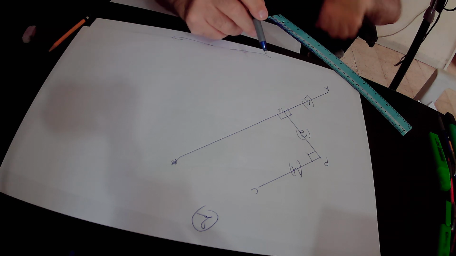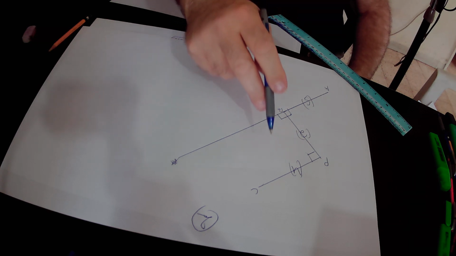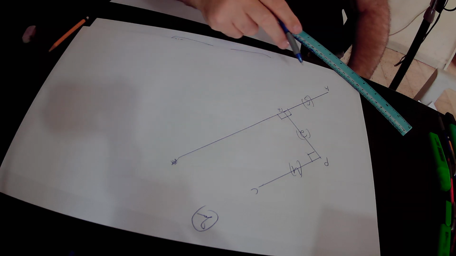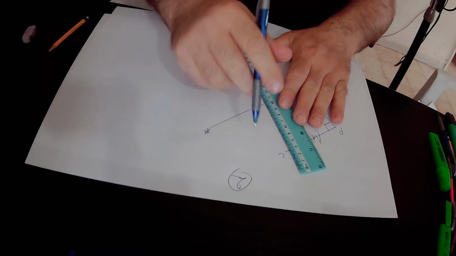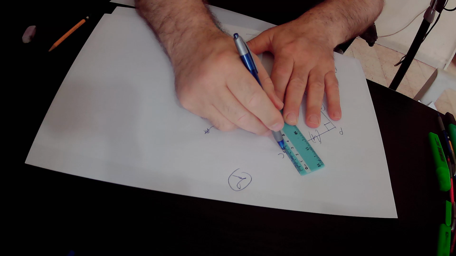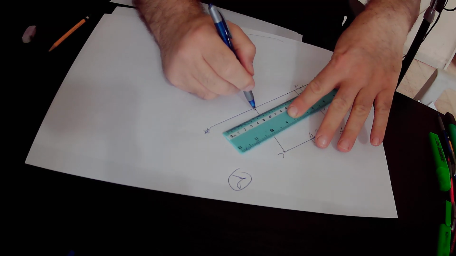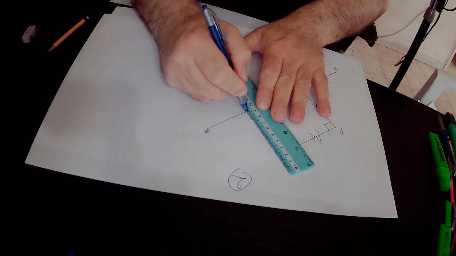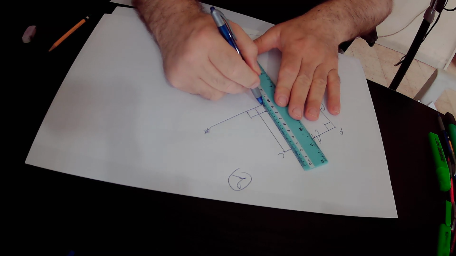In the next step, we will do a construction: from point C, we will draw a perpendicular on the extended AQ. So this angle equals 90 degrees, and this angle also equals 90 degrees according to our construction.